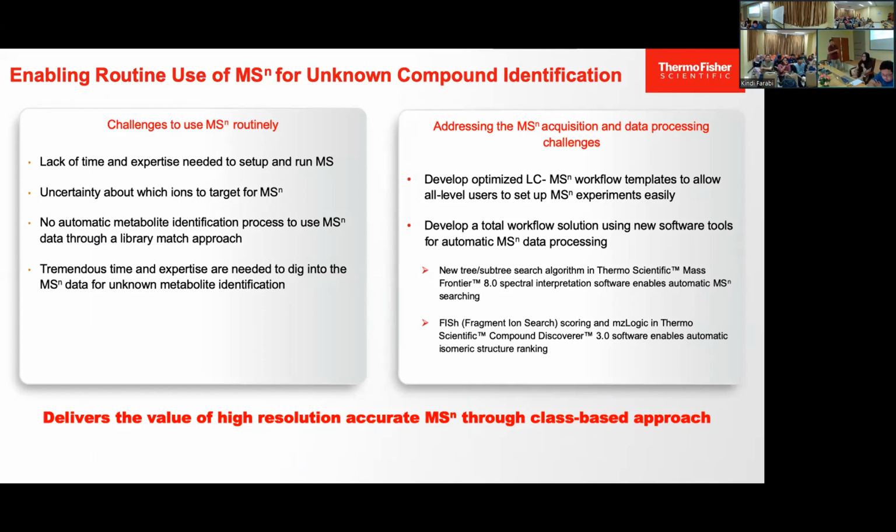You might be unsure which methods are suitable for metabolite identification, so sometimes you may need some experience in setting up MSn. The way to address this is to use the software, an automated workflow. I will cover something about FISH later, which is fragment ion search. That means I can take a small fragment, insert it into the library, and see which structures could derive this small fragment. Next.